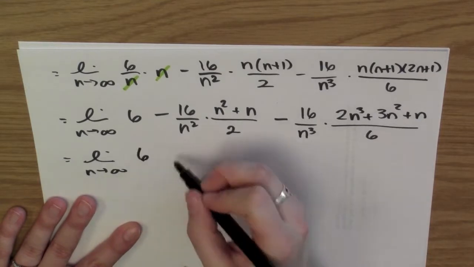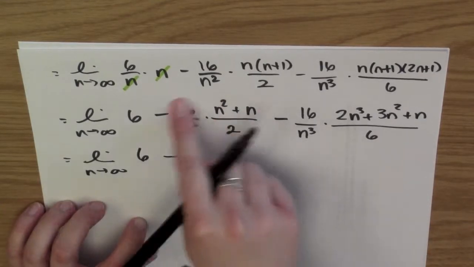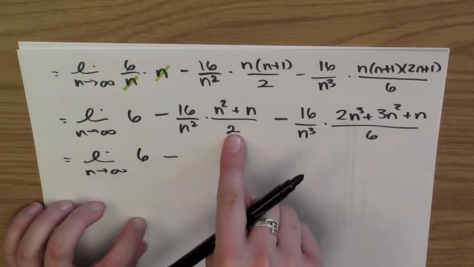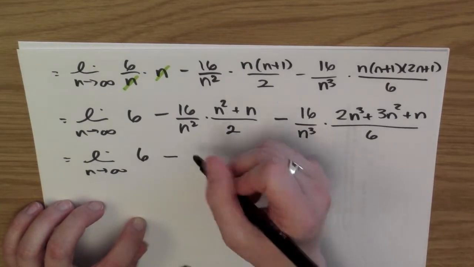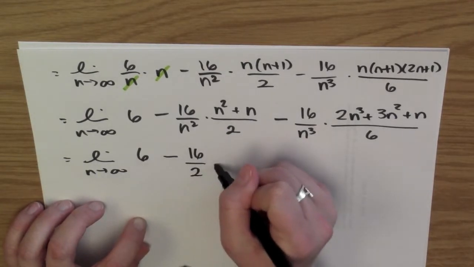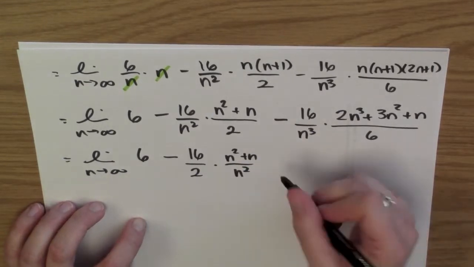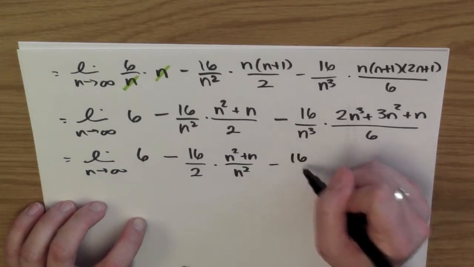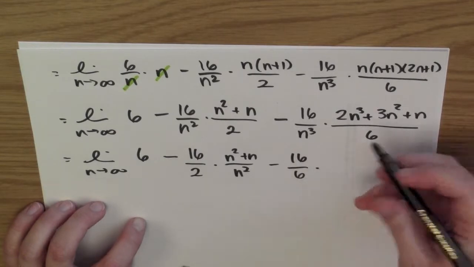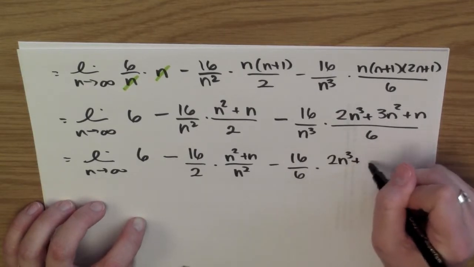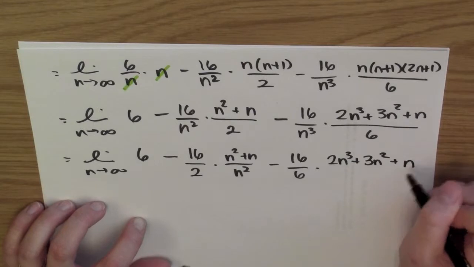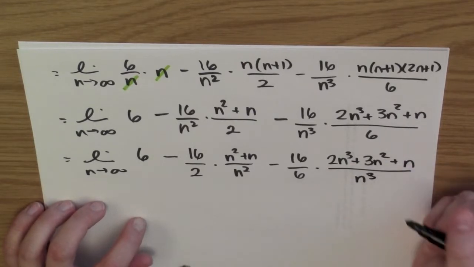I have 6 minus, let's rearrange this term so that I have the constants in the front and then just variables. So I have 16 over 2 times n squared plus n over n squared. That all multiplies together to be the same thing. And then here I have 16 over 6 times 2n cubed plus 3n squared plus n, all over n cubed.